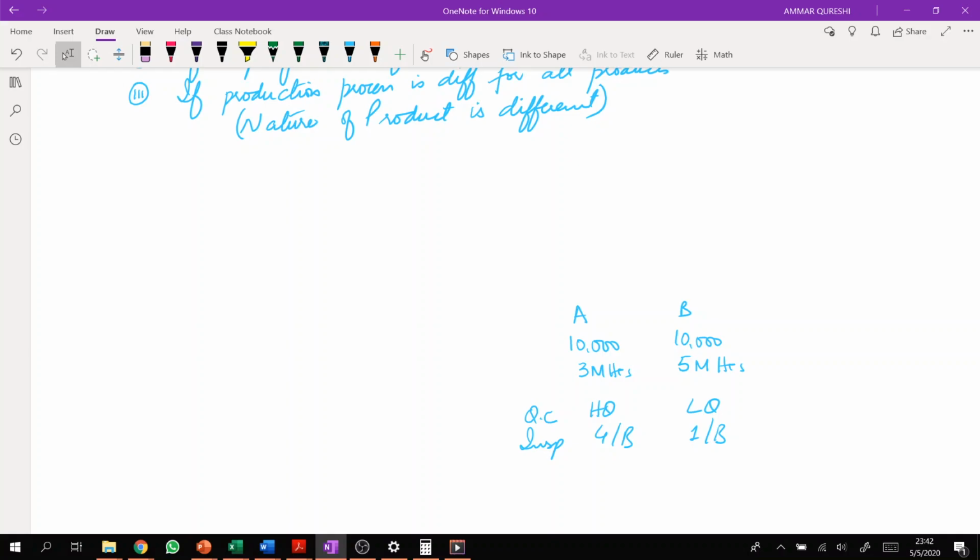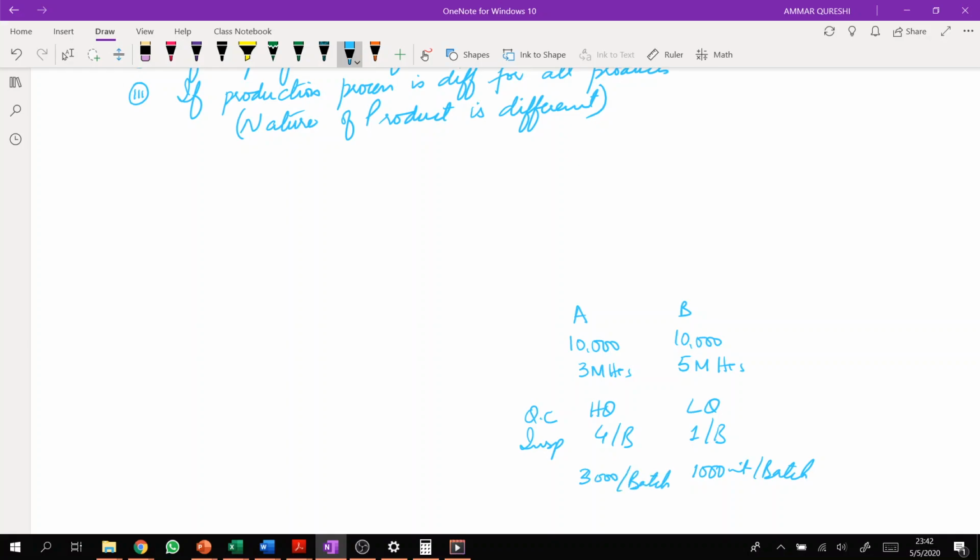And let's take another example. Product B is a perishable product, so we can manufacture a maximum of 1,000 units per batch, and product A is a long lasting product, so we can manufacture up to 3,000 units per batch.